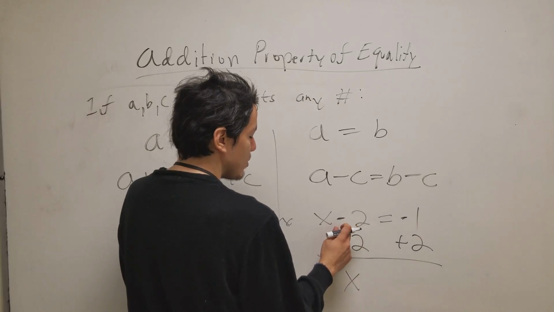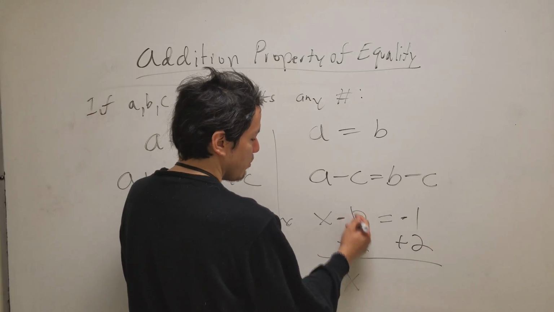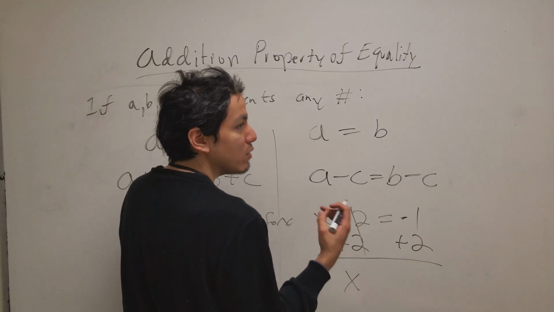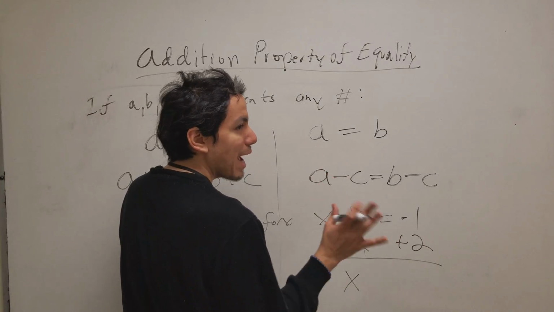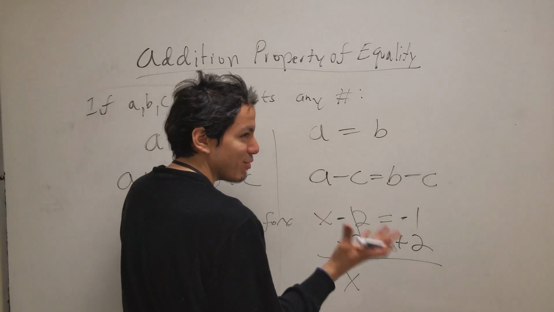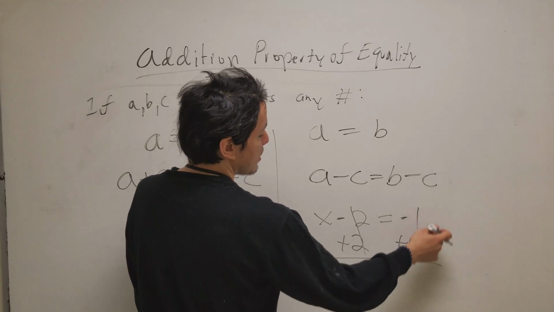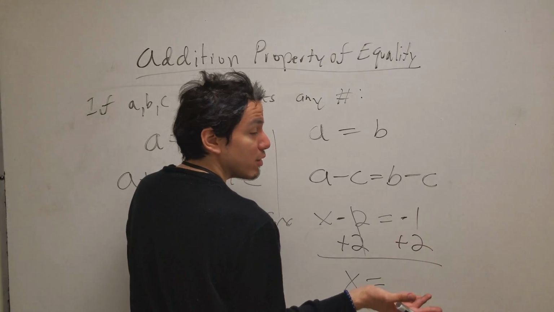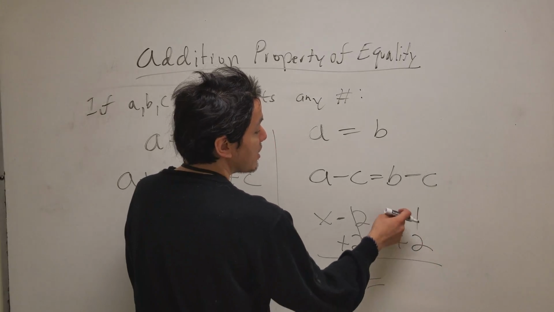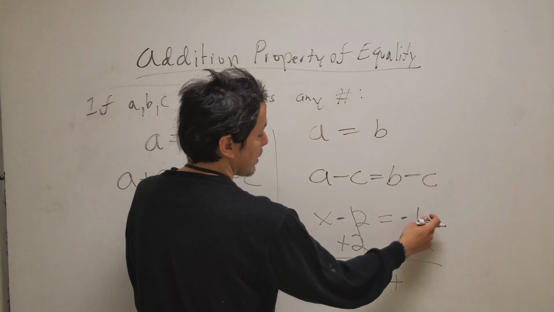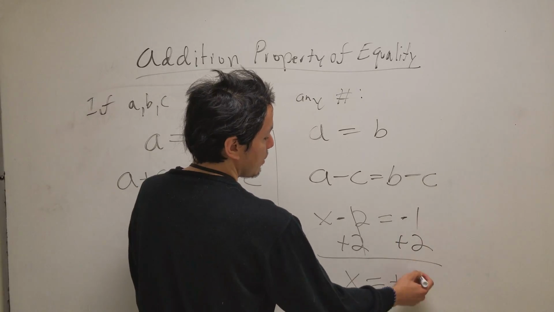So if I minus 2 and I add 2, that's going to be 0. So I don't put 0 there, because I know 0 is there, but I don't have to actually put it there because it's nothing for that matter. And then you have to calculate what this is. Now remember, in my other sign video that we talked about, if the signs are different, you keep the sign of the bigger number, and you subtract the numbers. So 2 minus 1, 1.